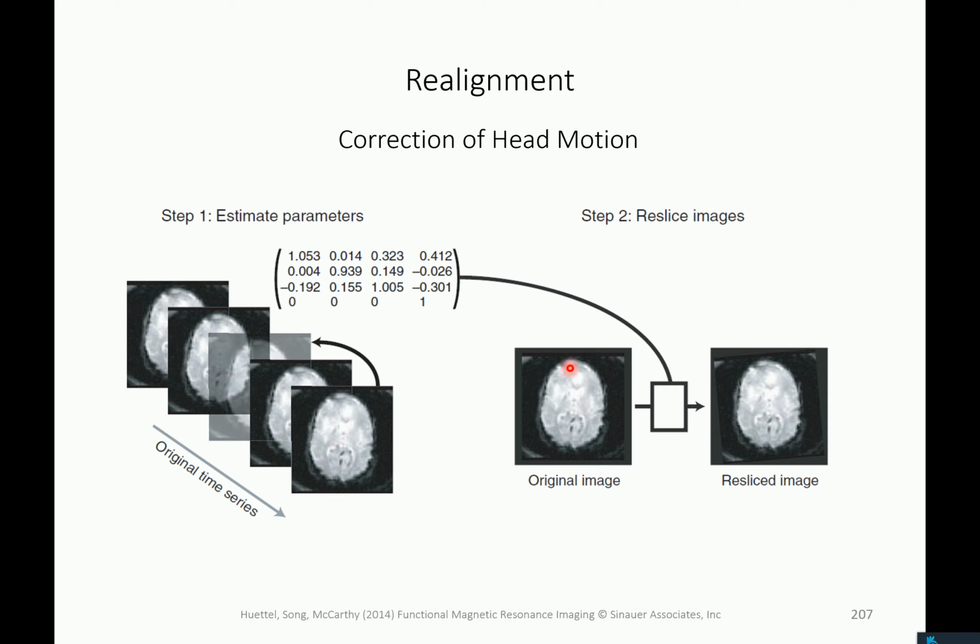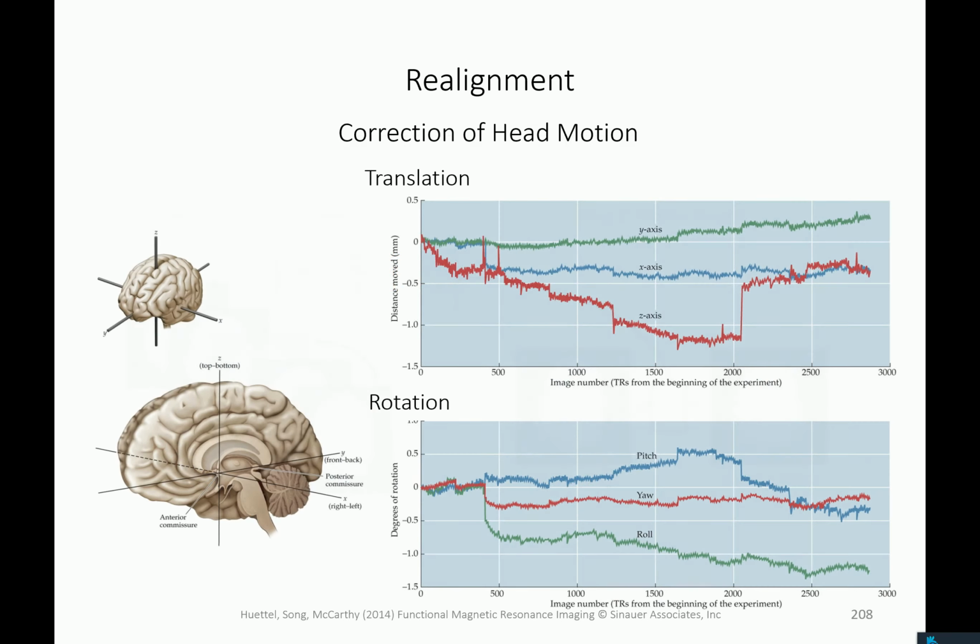Then these parameters are applied to the original image sequence to reslice, that's the term, or interpolate the raw image to obtain a motion corrected volume.